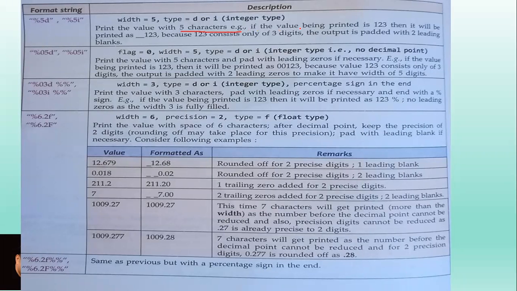That is, if the value being printed is 123, just print it. We are not using a decimal point yet, we will discuss that in the 4th row. If the number is 123, then it will be printed like this, and these two underscores will not be displayed. It means these are two blank spaces. Because 123 consists of only 3 digits, the output is padded with 2 leading blanks. I think it is clear to you.